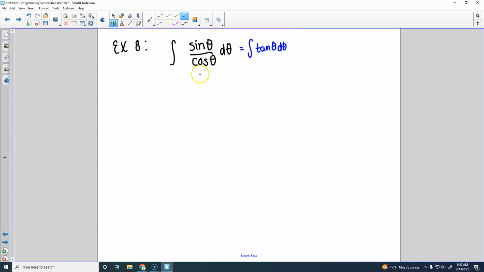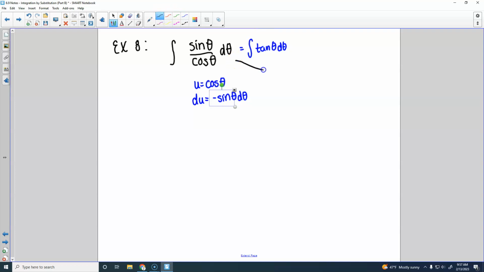So let's let this denominator be our u. What is the derivative of cosine? It is negative sine of theta. And we'll put a d theta with it since theta is a variable. We're going to have that instead.